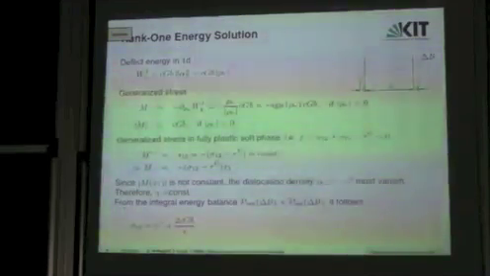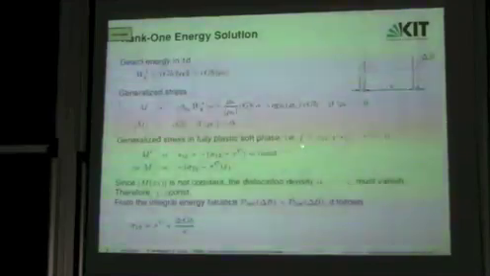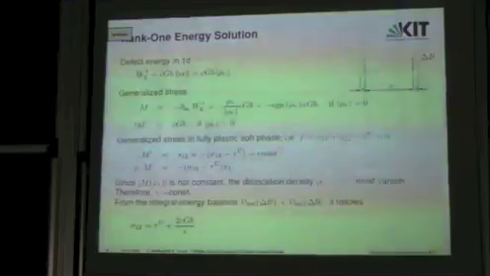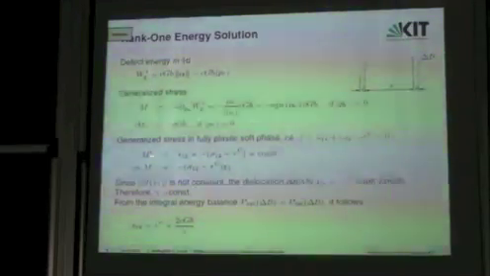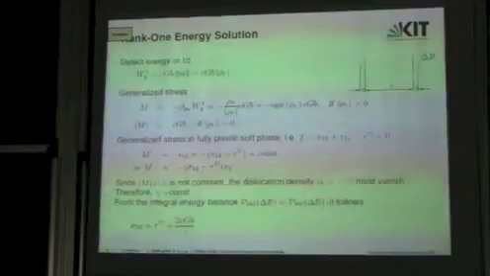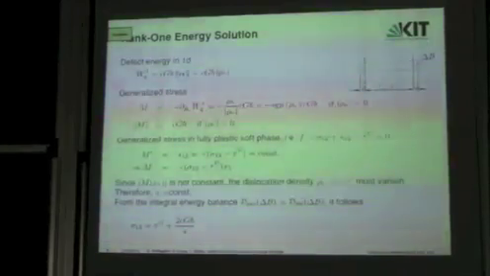Then we consider a fully plastic situation. So in the soft phase, the yield criterion is fulfilled everywhere. And in this case, the microforce balance reduces to a very simple linear differential equation here with the constant right-hand side. So very easy to solve. And we find that M, the generalized stress, is simply linear in space.